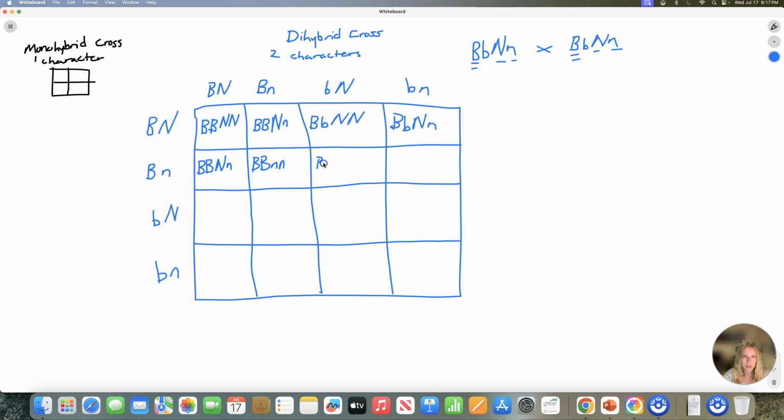This one will be capital B, lowercase b, capital N, lowercase n, capital B, lowercase b, and then 2 lowercase n's. This row will be capital B, lowercase b, and then 2 capital N's. This row will be capital B, lowercase b, and then capital N, lowercase n. Here we have 2 lowercase b's and then 2 capital N's.